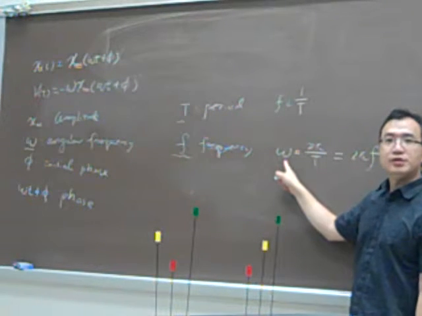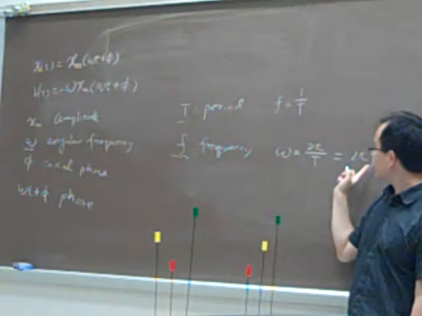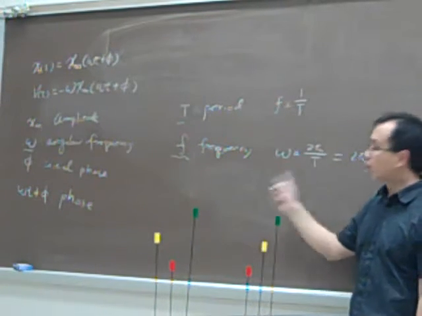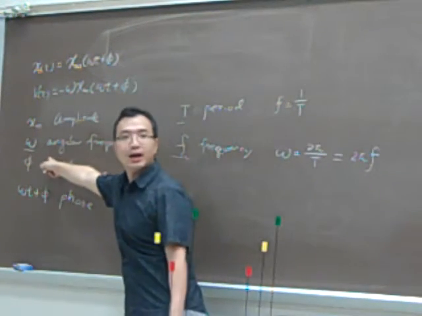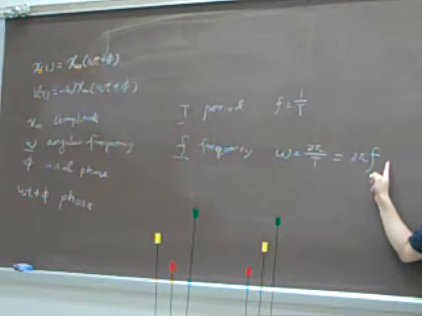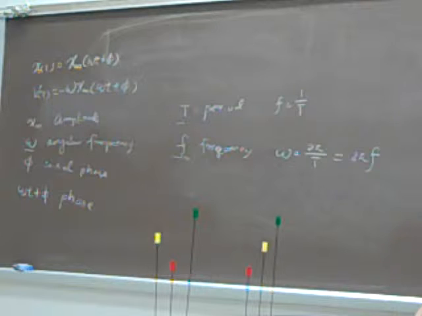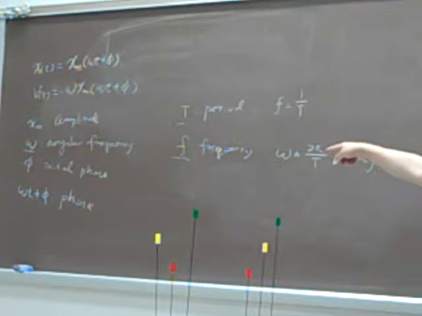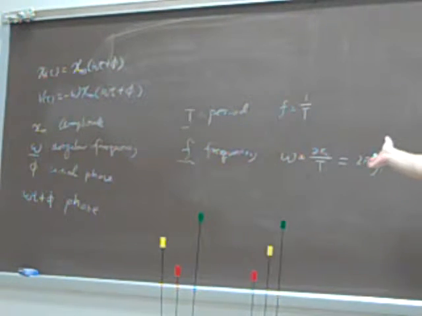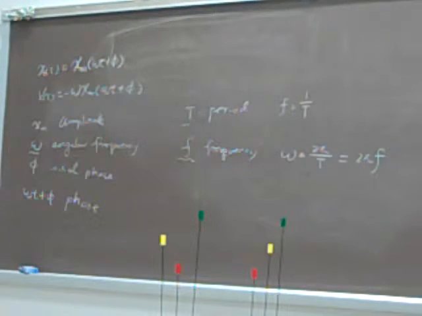Once you know the frequency, you can also calculate the period, and once you know the angular frequency omega, you can also get the period and frequency. So all these quantities you can either directly get or find with some simple calculation from the equation, if the equation is given.